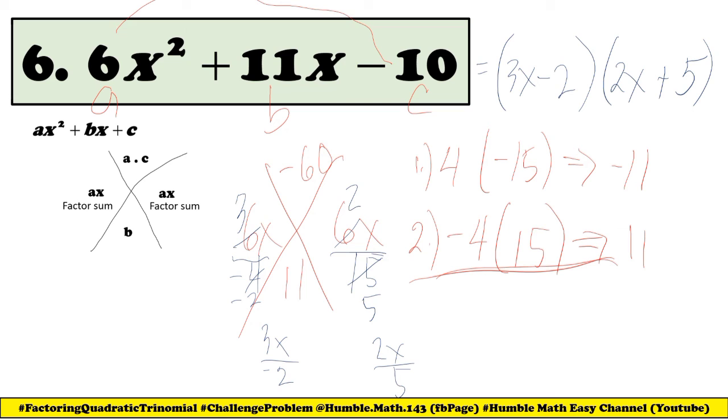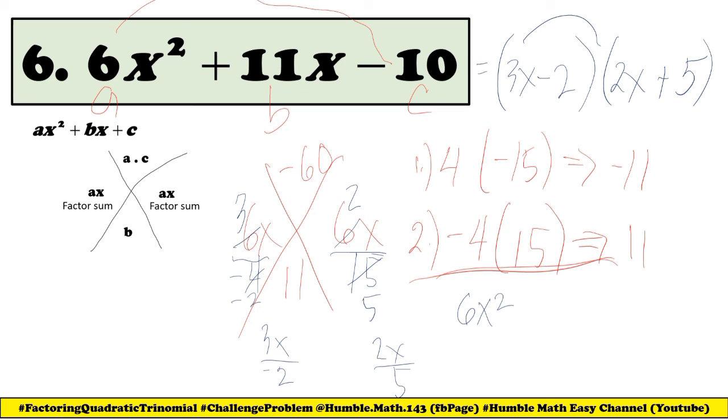So if we check further, we have here 3x times 2x, and that is 6x squared.